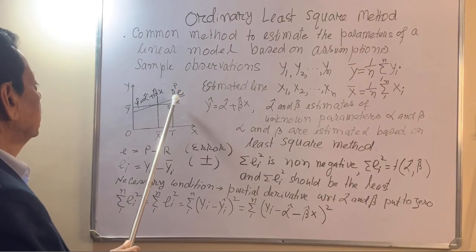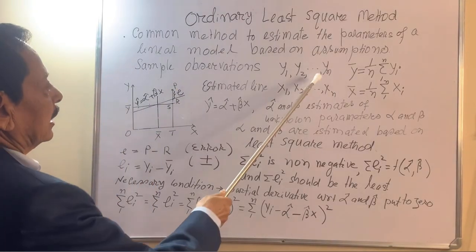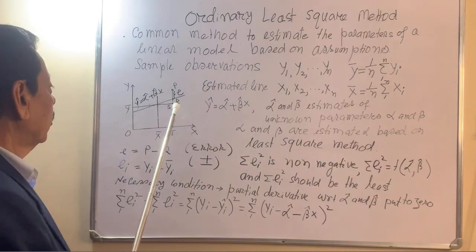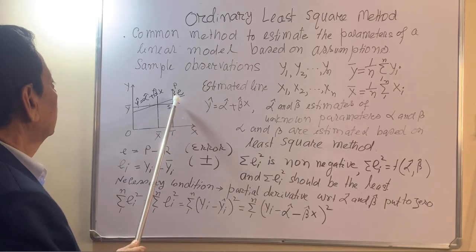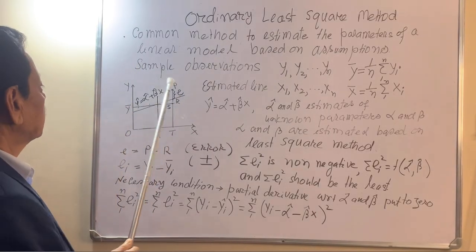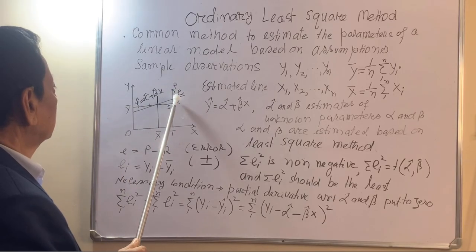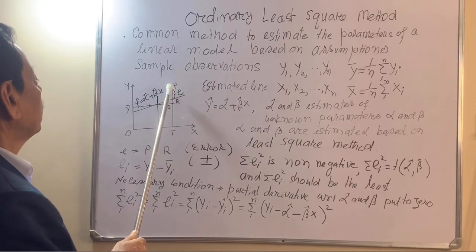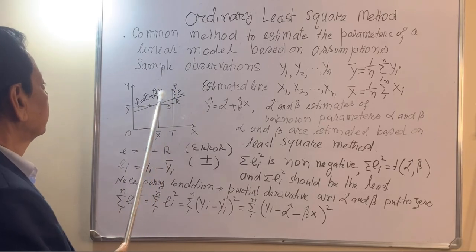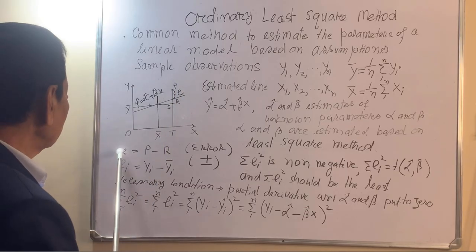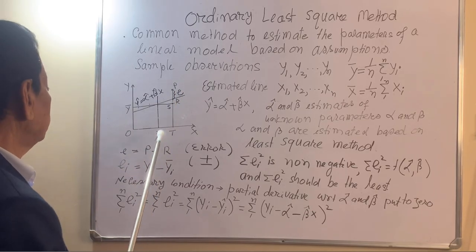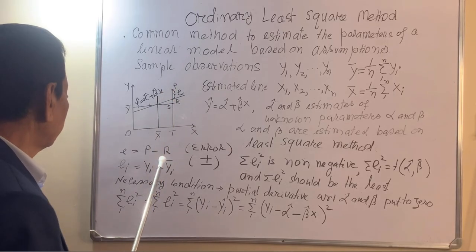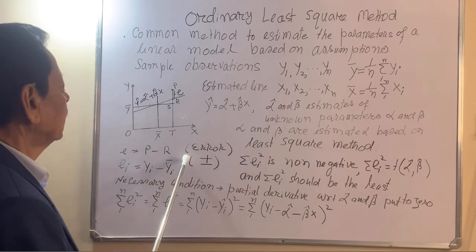Actually, the point should be on the line, but the data may be such that this point will not be on the line. It may be below the line or above the line. Suppose production is very less, so it will be below the line. If production is high, it will be above the line. So error E is equal to P minus R, if this point is P and this point is R.